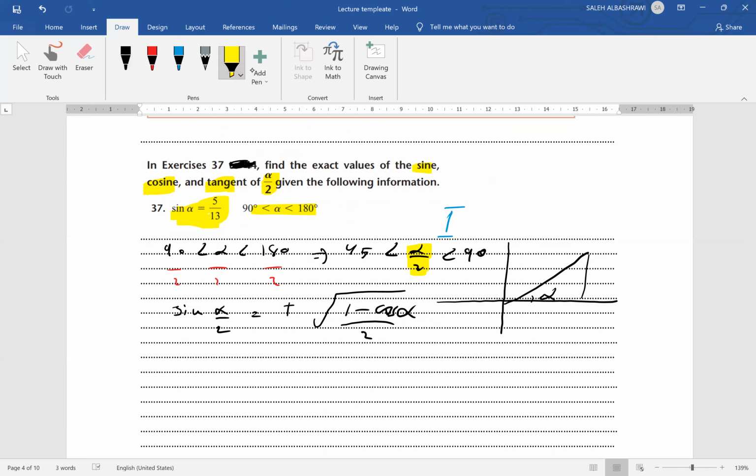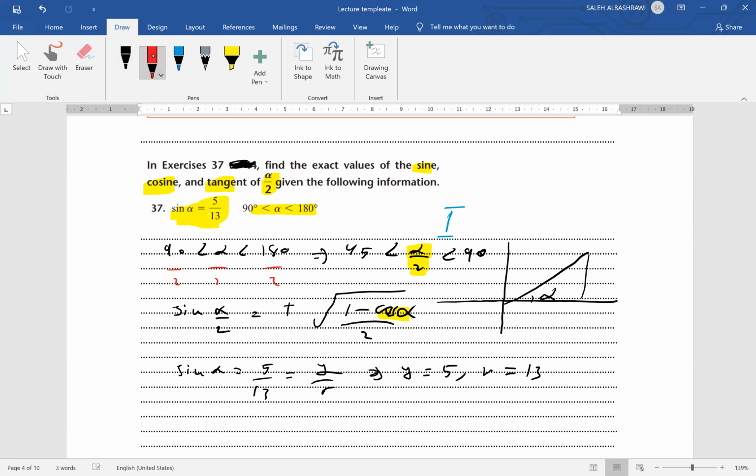But we don't have cosine alpha. So I have to find cosine alpha first. From the given sine alpha, 5 over 13, we know that sine alpha equal to y over r, which means that y equal to 5, r equal to 13.